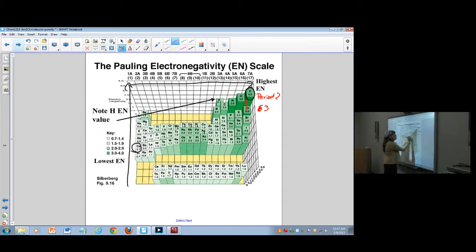And also, between each and every one of this set in period 2, those are increasing in electronegativity. And one more thing, remember hydrogen is always going to be way over here as a weirdo, and it has a 2.1 electronegativity.